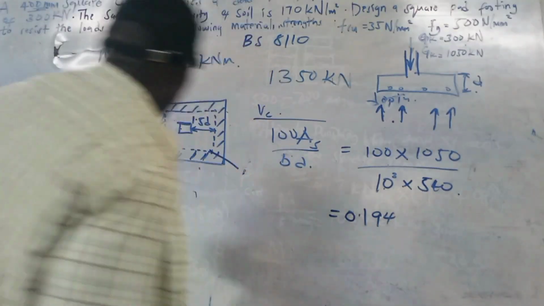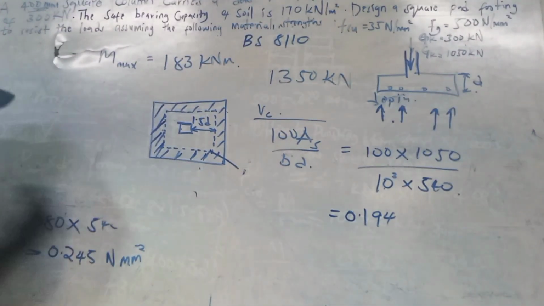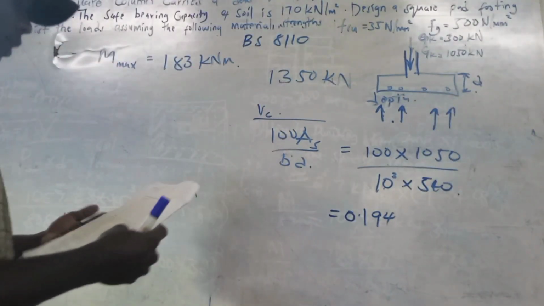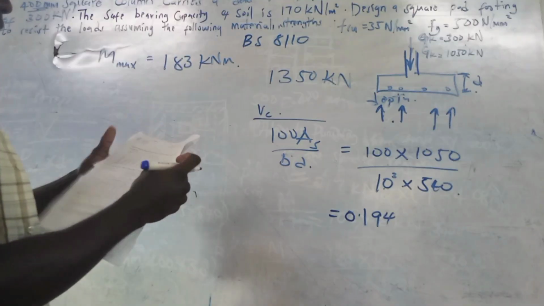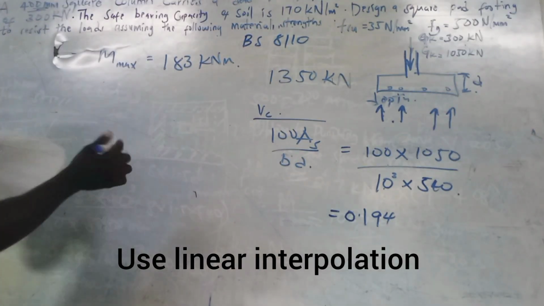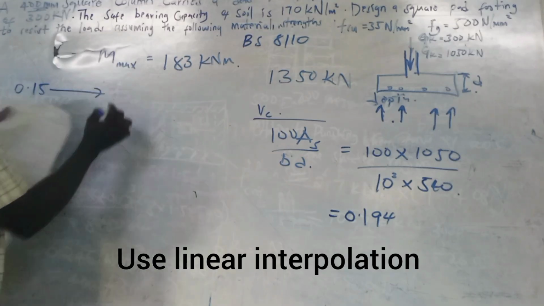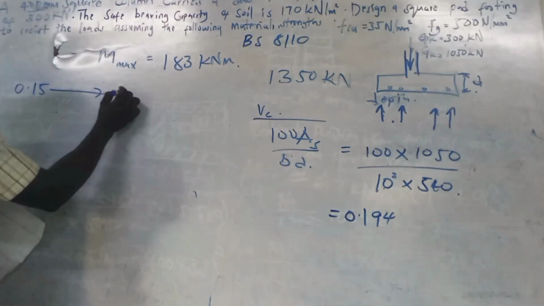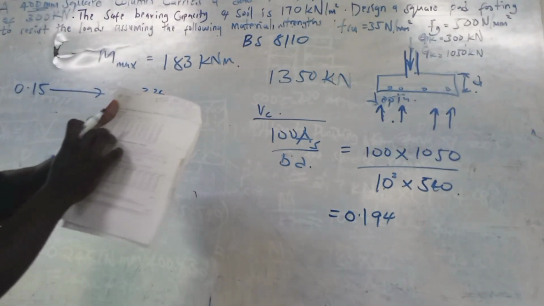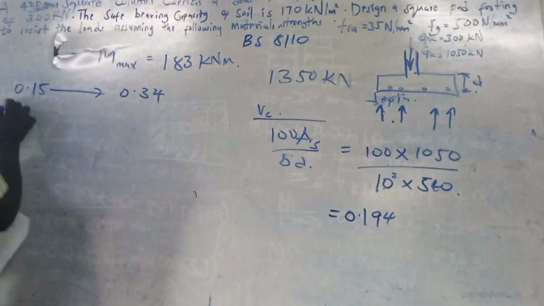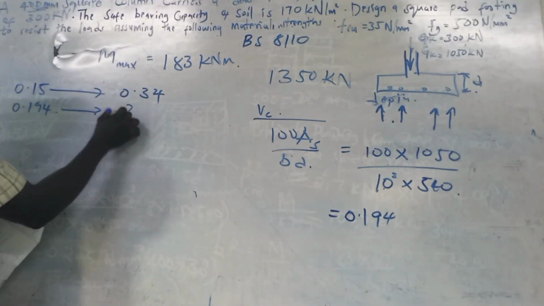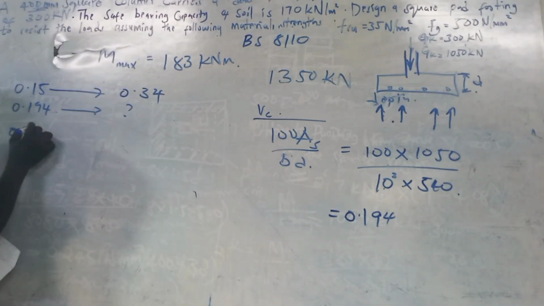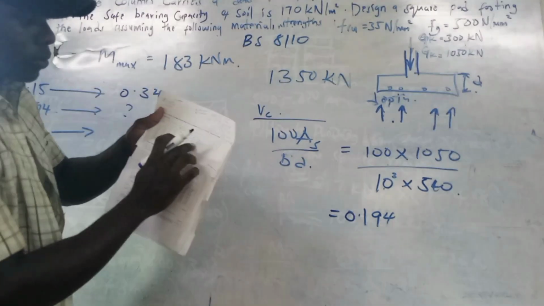So very first, using linear interpolation, 0.194 falls between 0.15, whose value on the table gives you 0.34. Okay? Then a ratio of 0.194 is what we are lacking. Then we have 0.25 giving you 0.40.